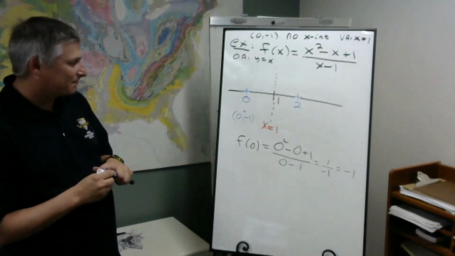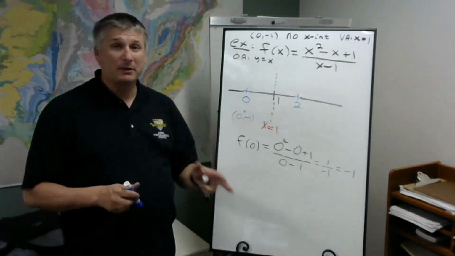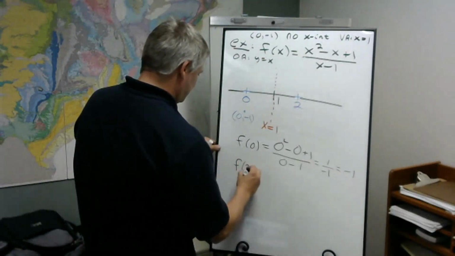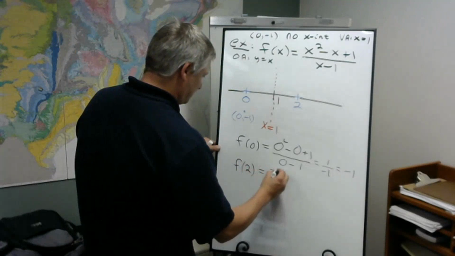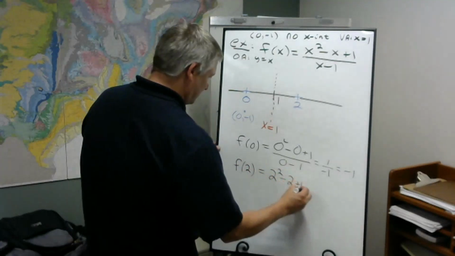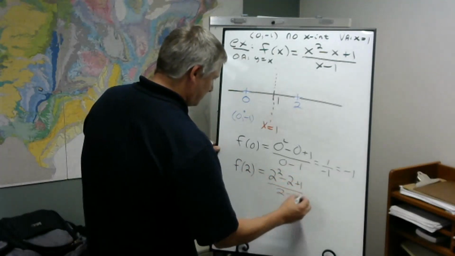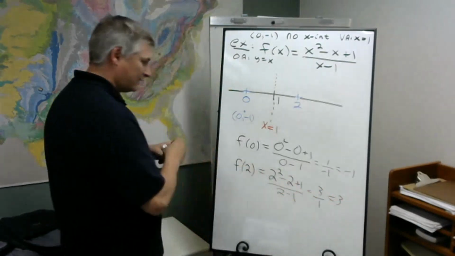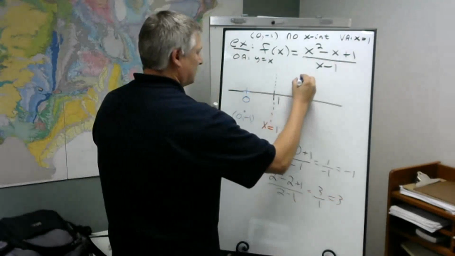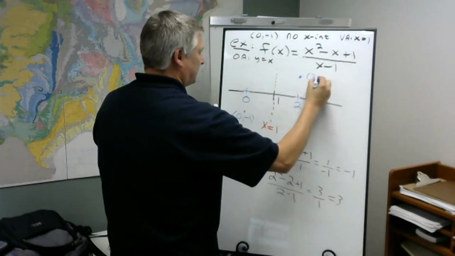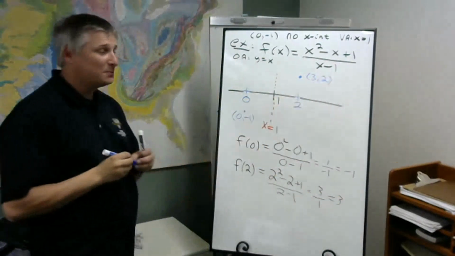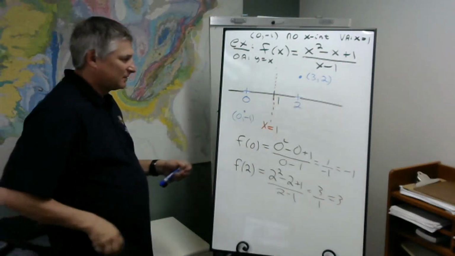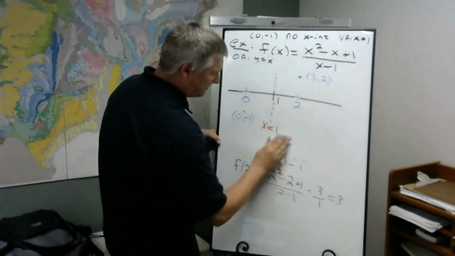So we have 0, minus 1. Now, f of 2, this will be a new one. f of 2 will get 3, comma 2. All right. So we've got some test points to work with.